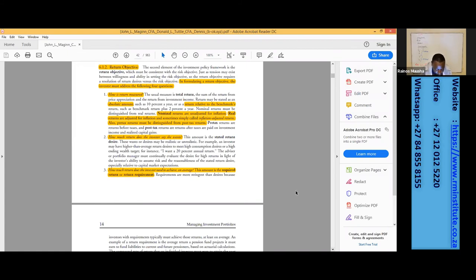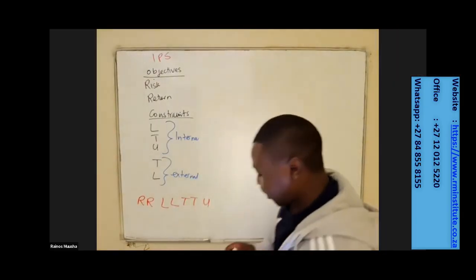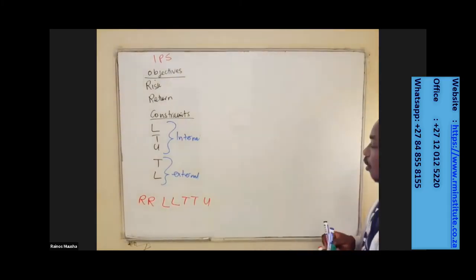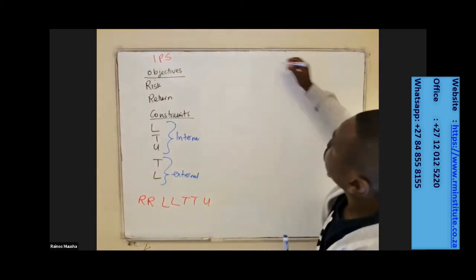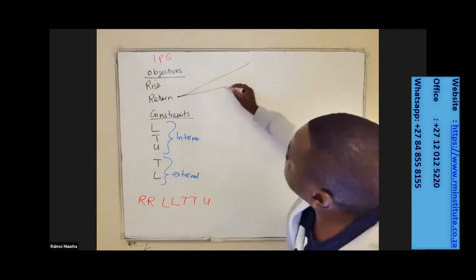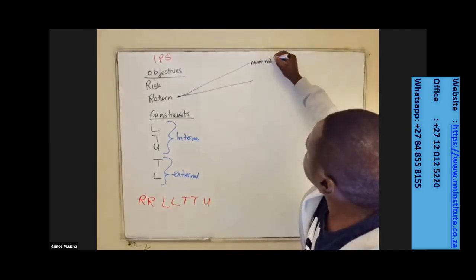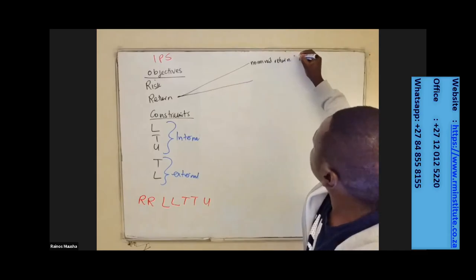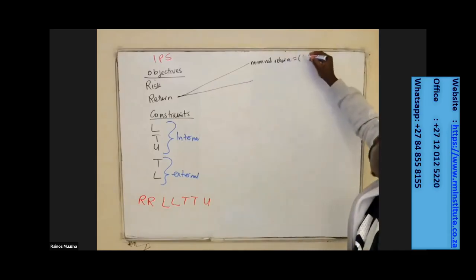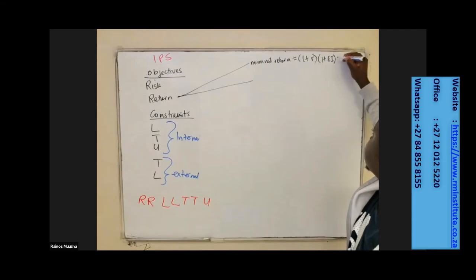So which means when you look at these returns, you should also make sure that you take note of your nominal return, but we're going to be looking at it in detail when we look at chapter 2 as well, where your nominal return can be given as 1 plus the real rate of return multiplied by 1 plus expected inflation, minus 1.